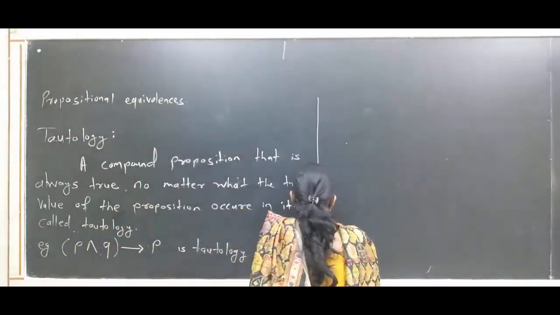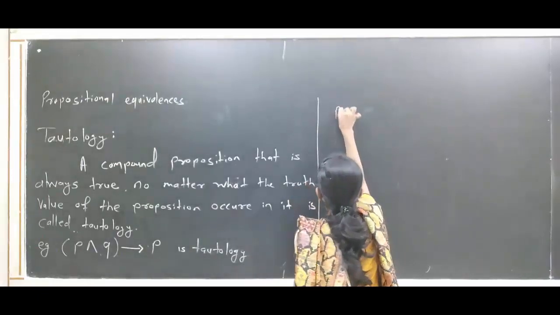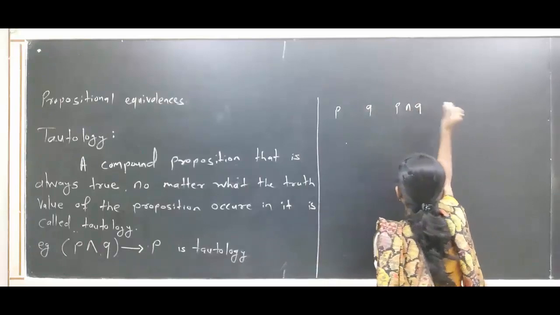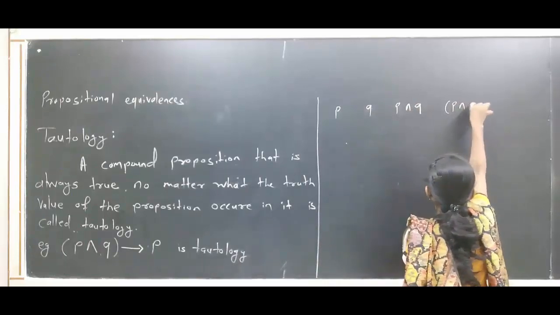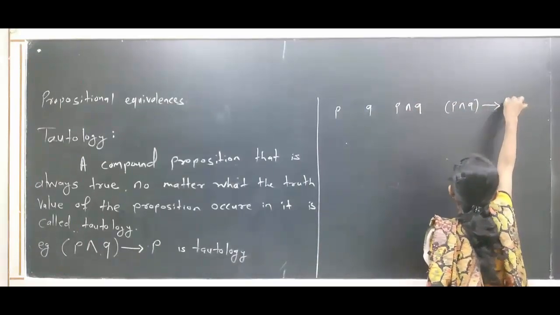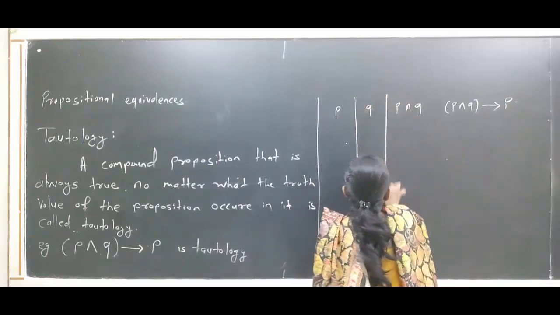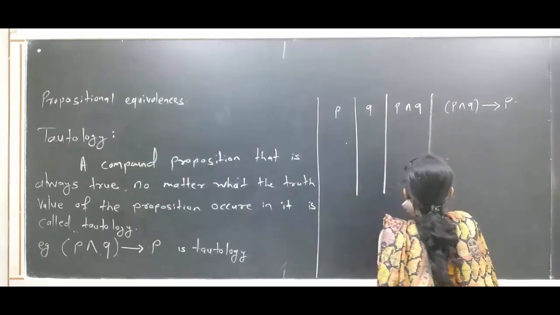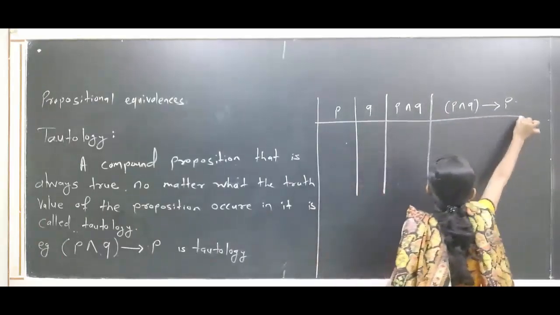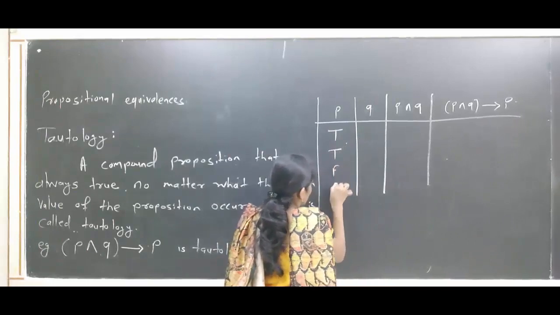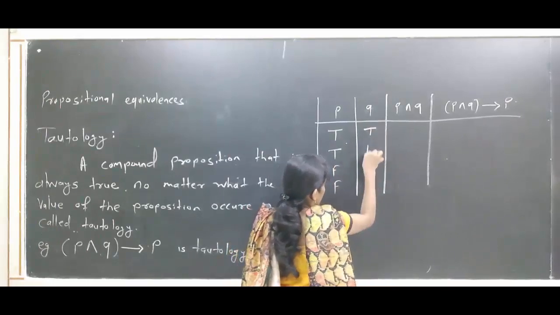First construct the truth table: P, Q, P and Q, then P and Q implies P. True, true, false, false.